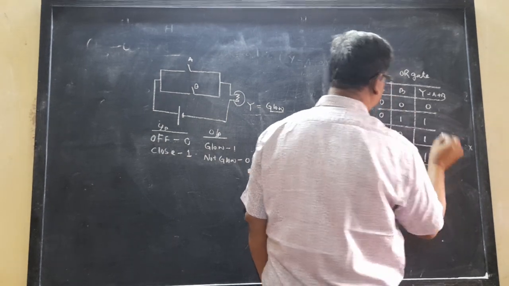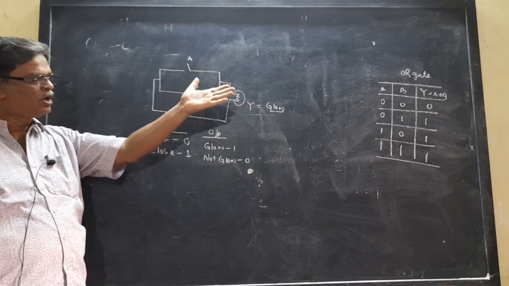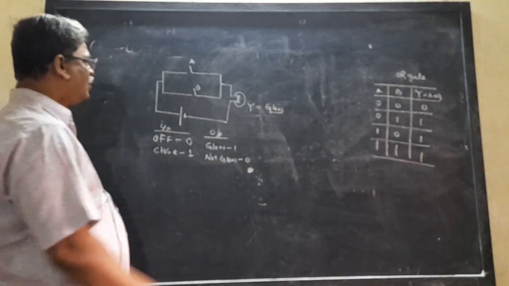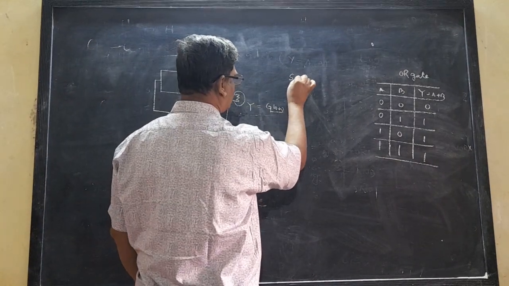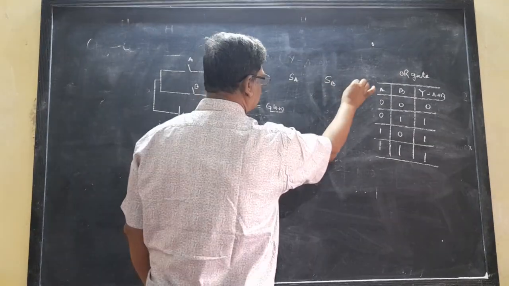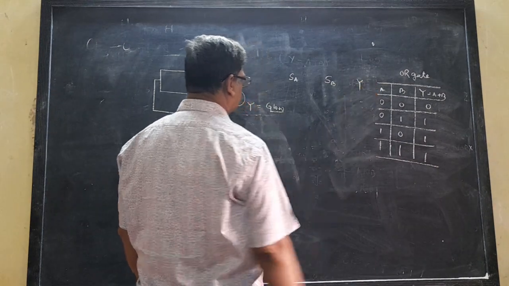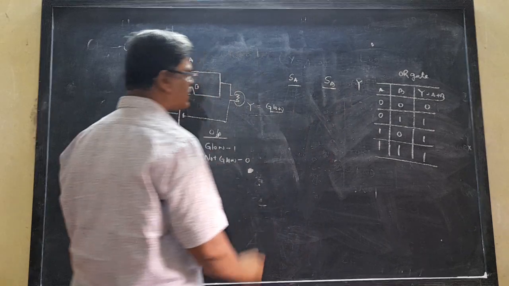Now look at this table, this is the OR gate operation, and look at the circuit operation. This is switch A and this is switch B, and this is the bulb.